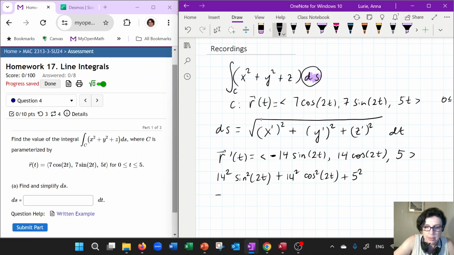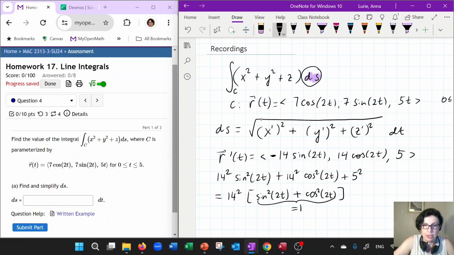Now, one favorite trick here is to notice that 14 squared from the first two terms can be factored out, and what will be left? You should notice that we get sine squared plus cosine squared, which is really 1. This is that first trigonometric identity, so that's just going to be 1. And so this ds actually simplifies very nicely.